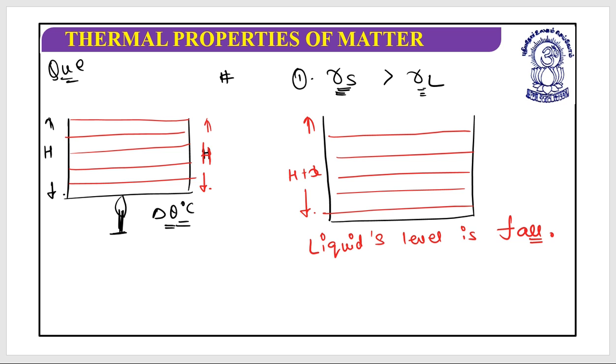In this situation, gamma of apparent, what I observe, is equal to gamma of solid minus gamma of liquid, because in this case gamma of solid is greater than gamma of liquid. I hope this is clear. This is what we feel. Is it clear?